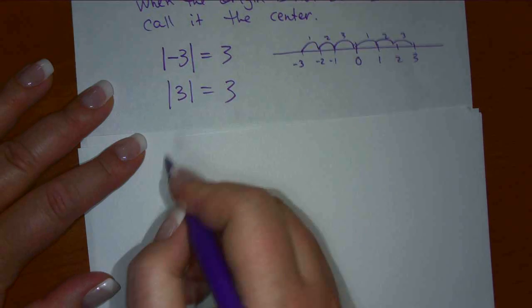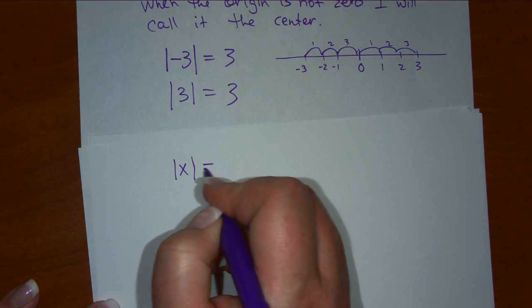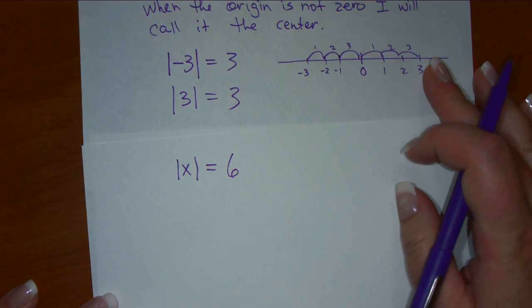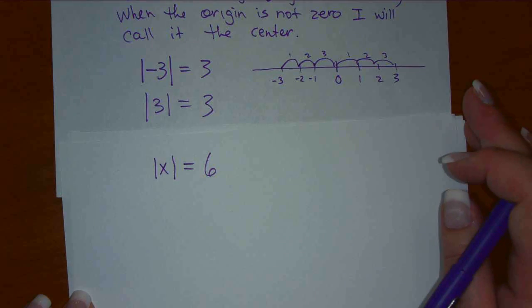Say we have the absolute value of x is equal to 6. So what is this saying?